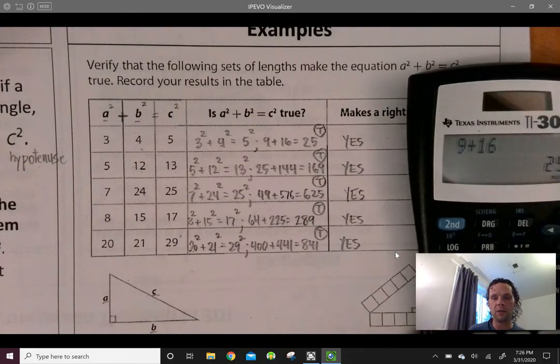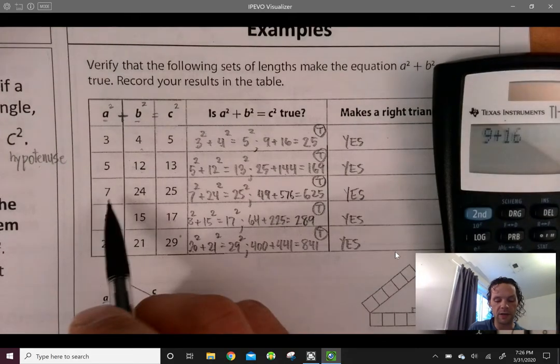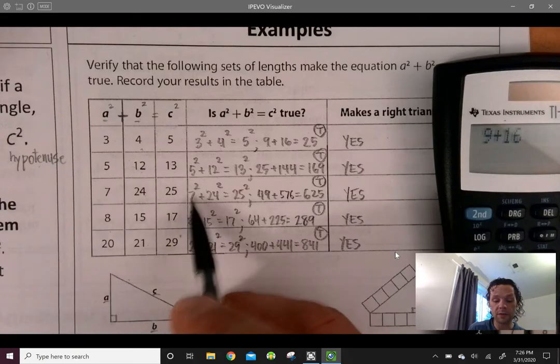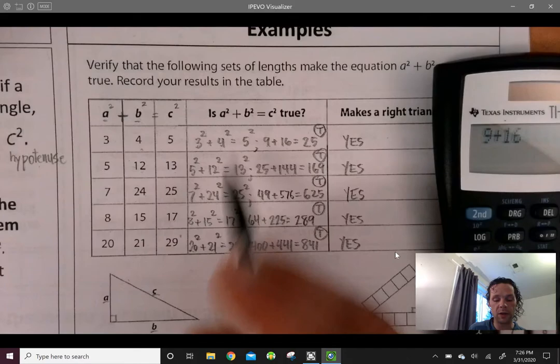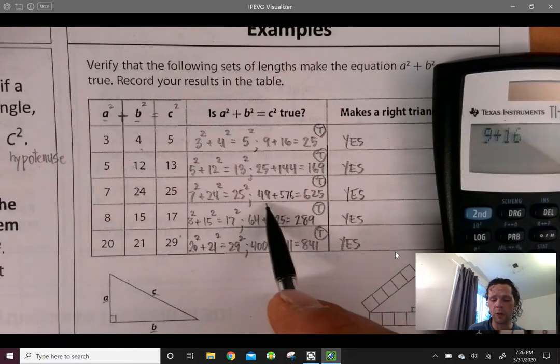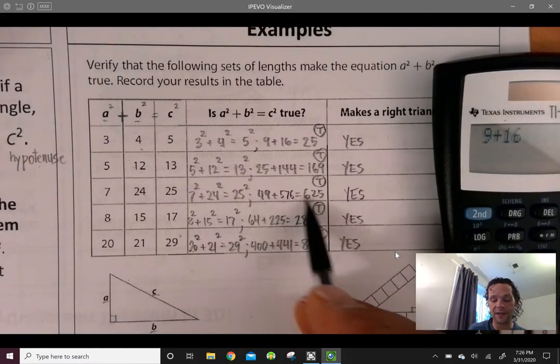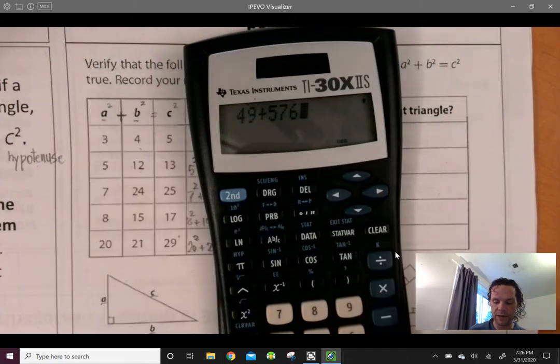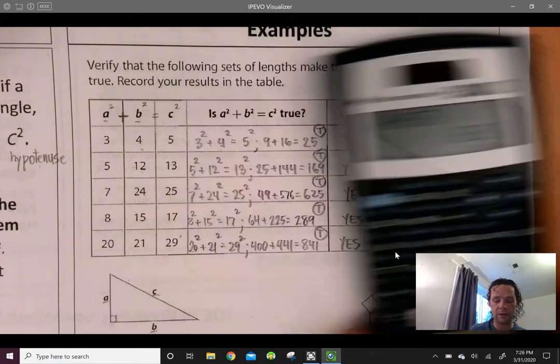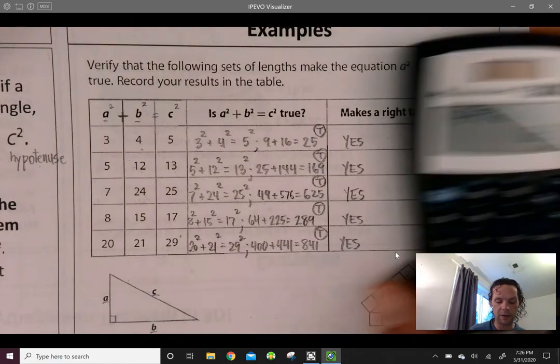And we continue doing this with all the rest of the values in the table. 7 squared plus 24 squared equals 25 squared. Is that true? 49 plus 576 does in fact equal 625. Check them out for yourself. Type those into your calculator, right?